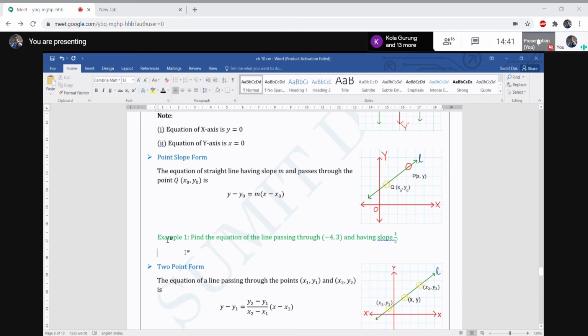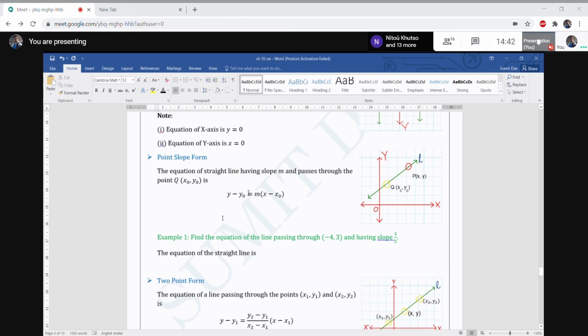So I gave here one example. What is the example saying? Find the equation of the line passing through minus 4, 3 and having slope 1 by 2. So what will be the equation? The equation of the straight line is, what?